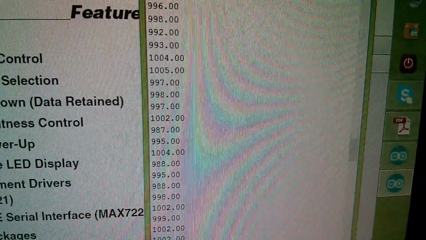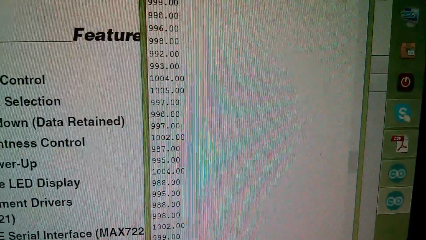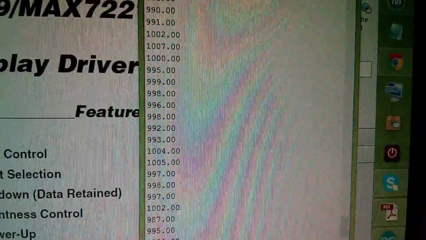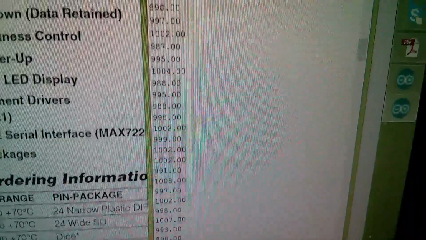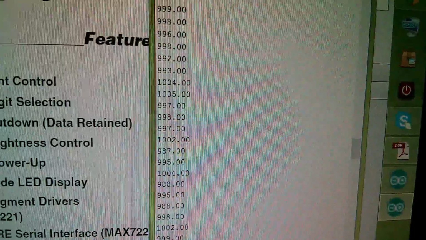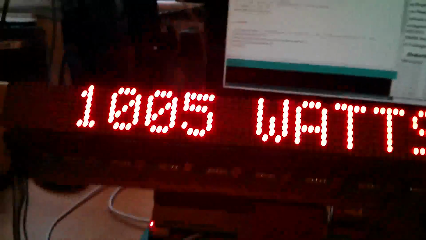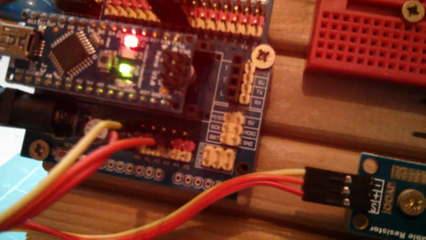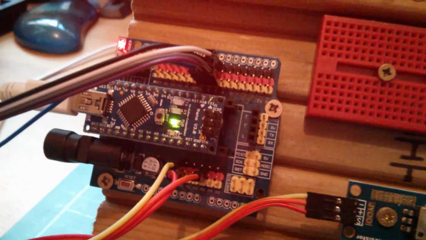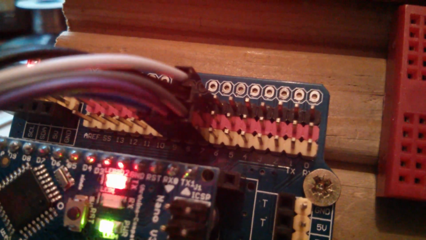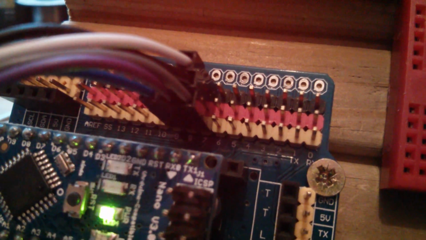There's a 988 there, and at the highest 1007. So what's that? That's 19 digits of noise. So there's a lot more noise when the pot is on switch mode 5 volts than there is when it's on linear 5 volts.